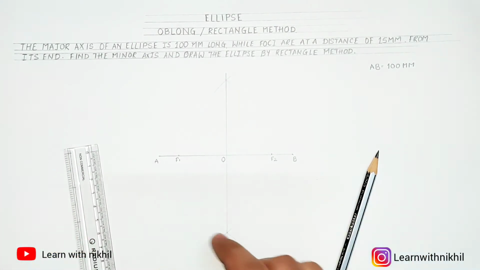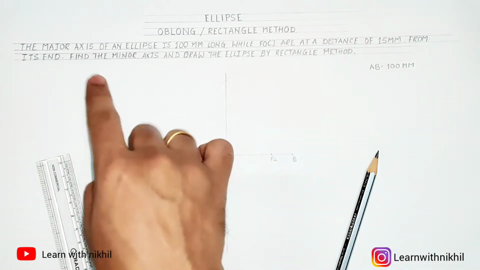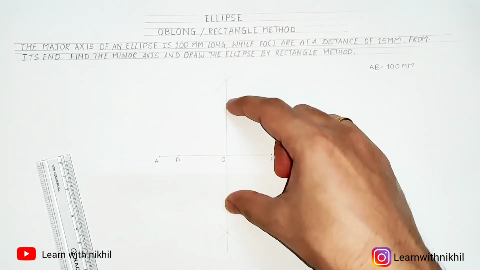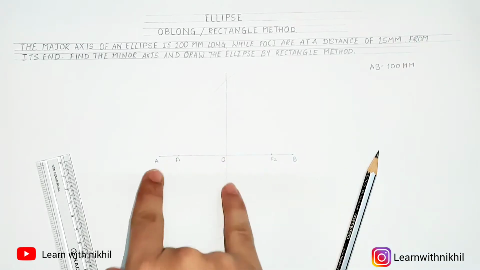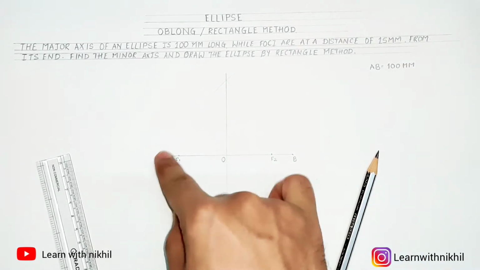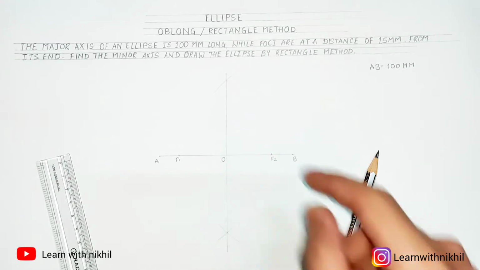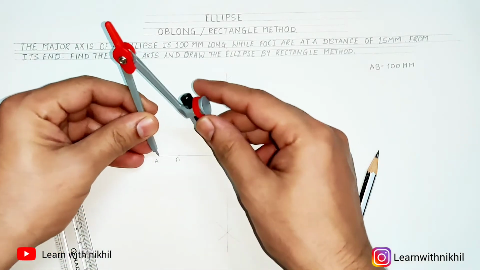Now to calculate the minor axis through the foci and major axis, we have already seen that the distance AO is same as the distance F1C.